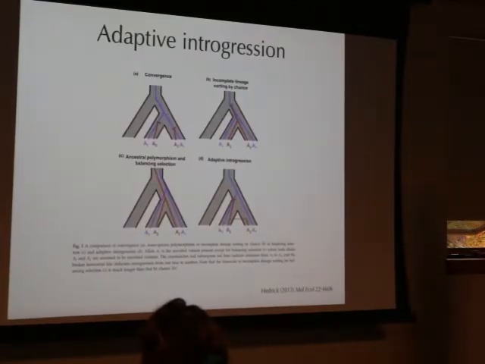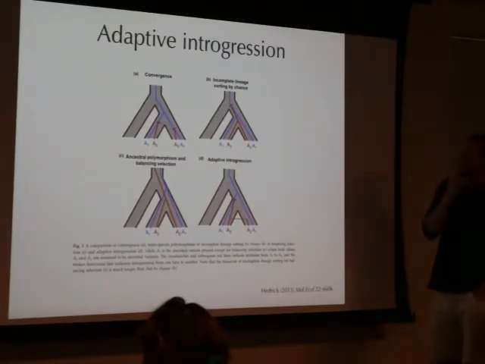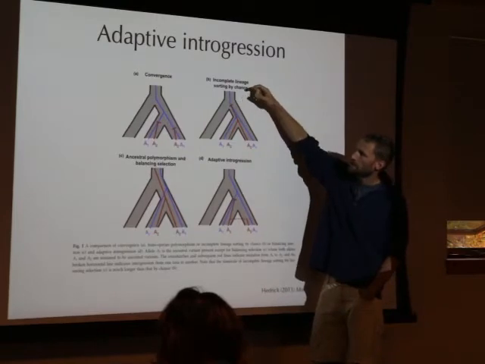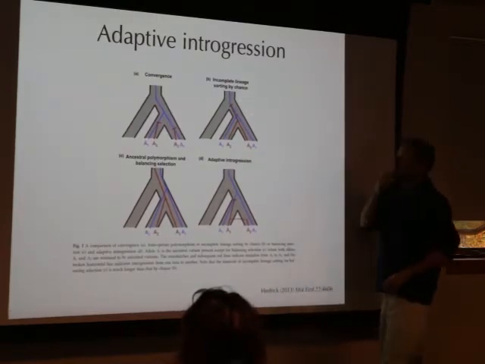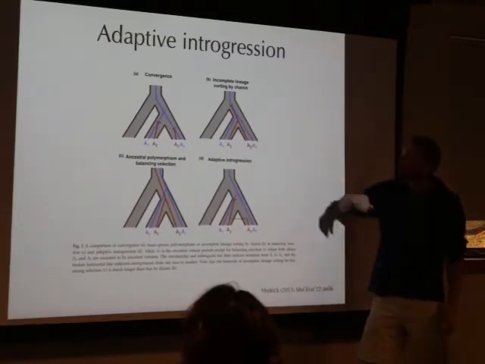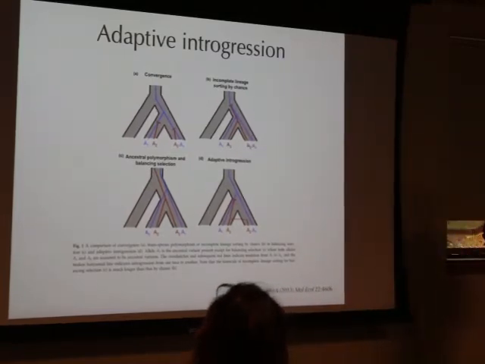So here's just another way of thinking about these same sorts of things. If you imagine, here these are like little phylogenies, time is moving down. And these colored lines represent the genealogies of different haplotypes or different alleles.